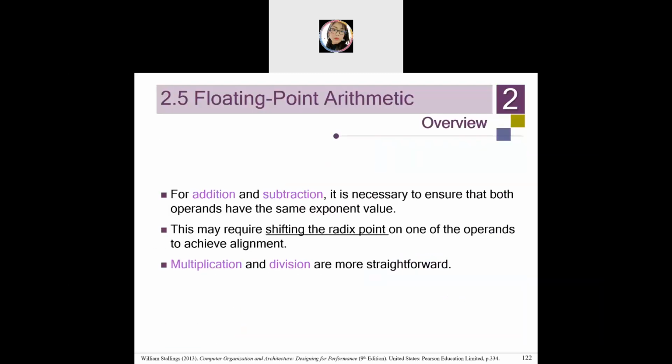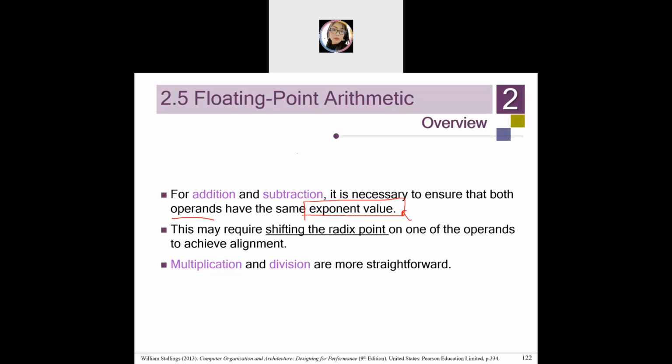Okay, in the beginning, kenapa dia dapat macam tu? For addition and subtraction, just now you learn multiplication, subtraction, right? It is necessary to ensure that both operand are the same exponent value. Yang ini you already learn in your standard, I think, might be standard 6, darjah 6 pun dah belajar, I guess. For you, let's say you want to add two number, okay?